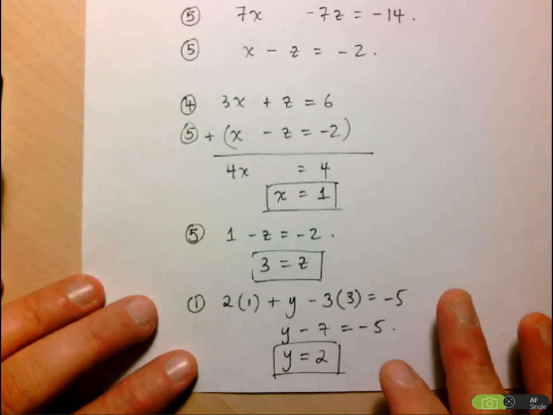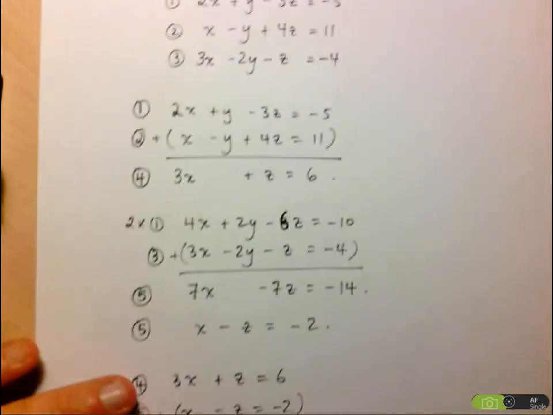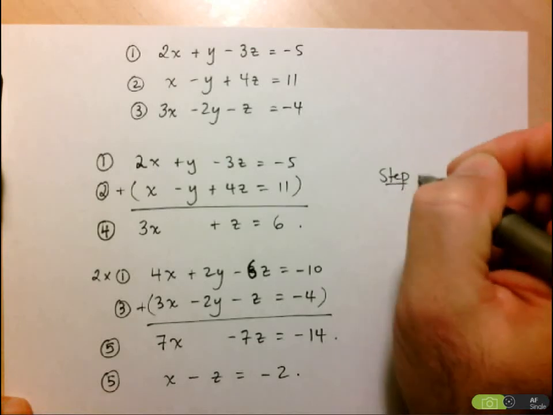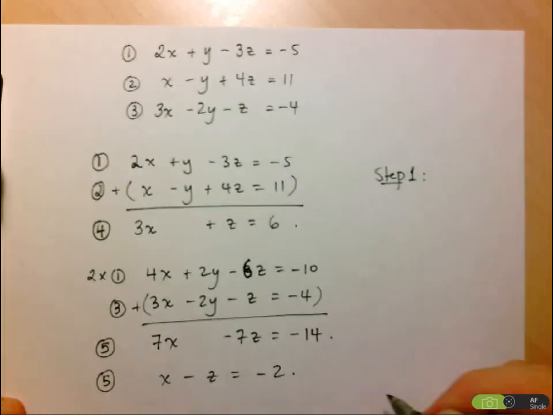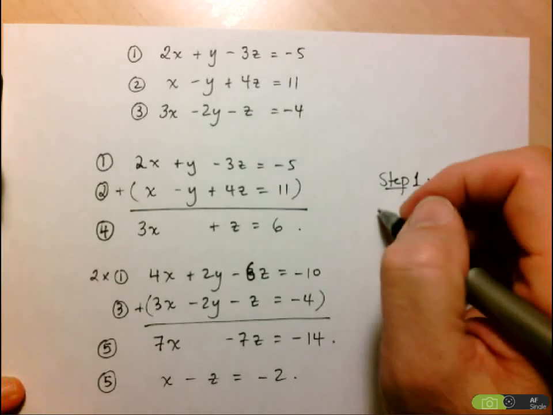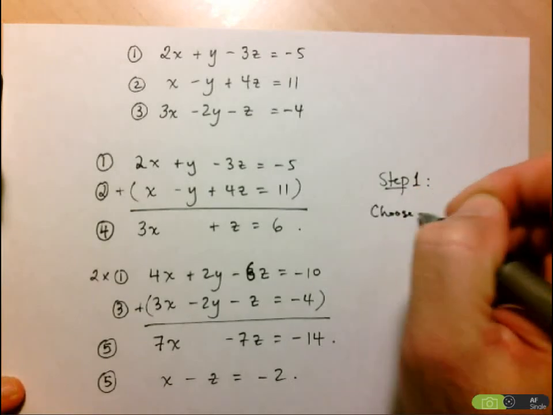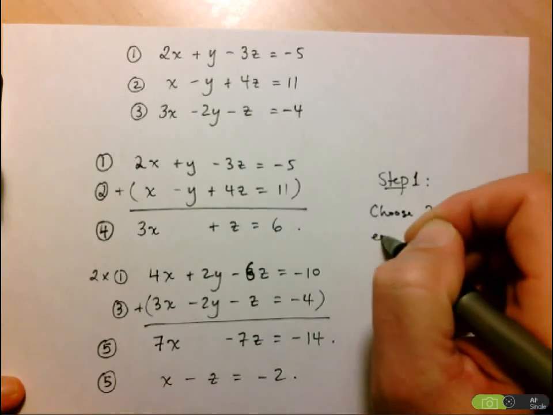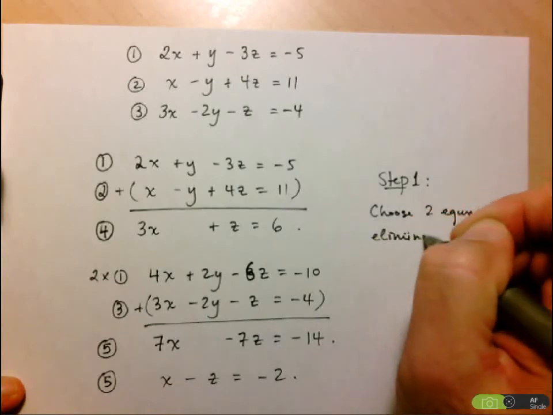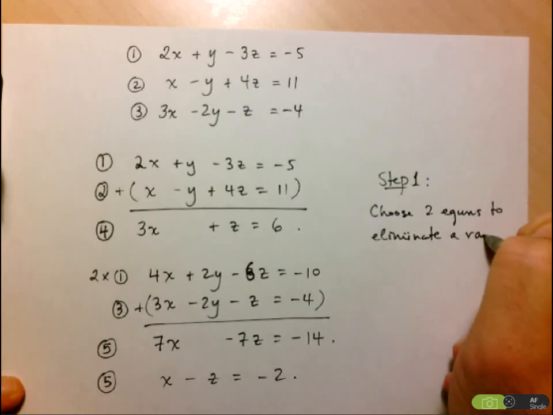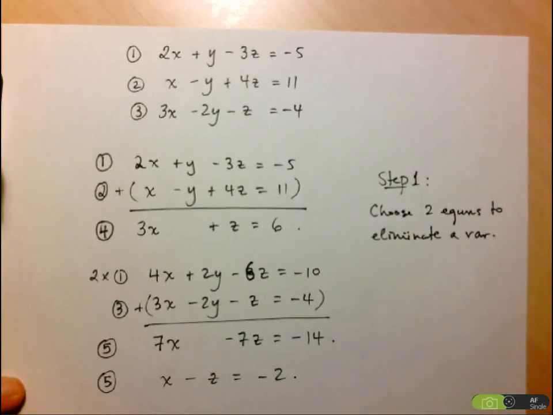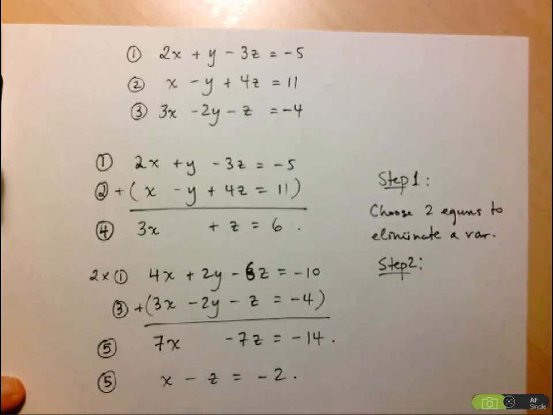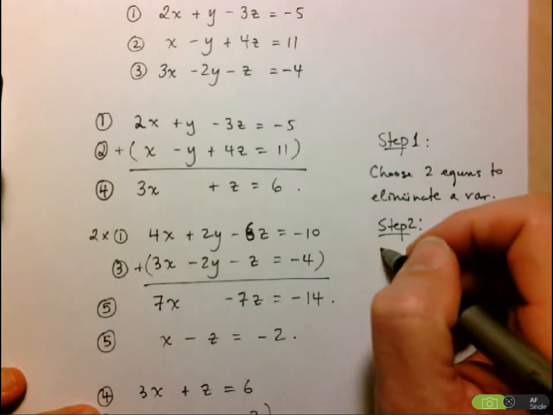Okay, so let's just recap the steps that we follow. Step 1, we have to choose two equations to eliminate a variable. Step 2 is choose another pair to eliminate the same variable.